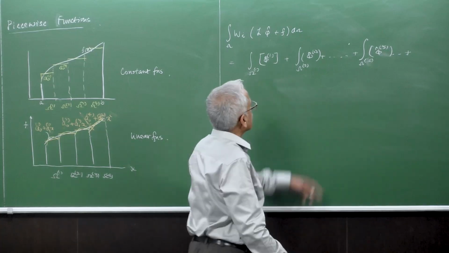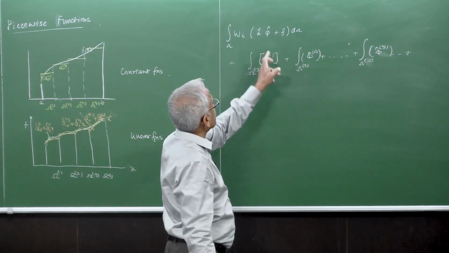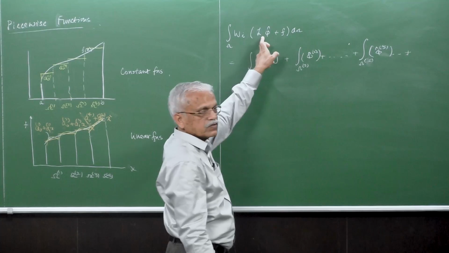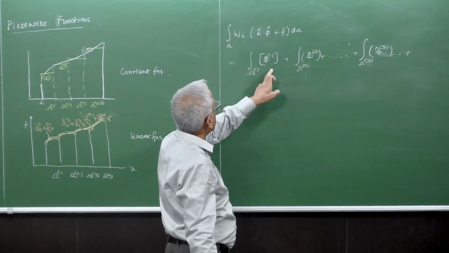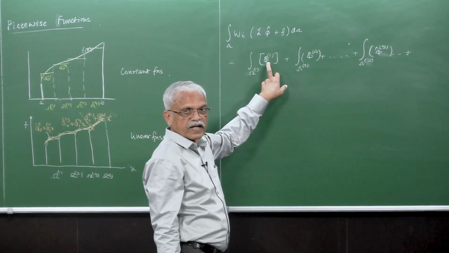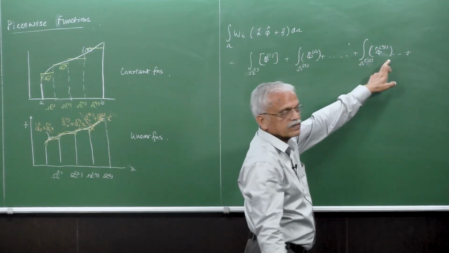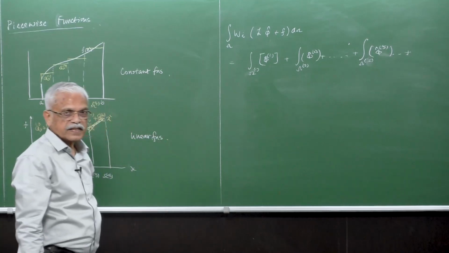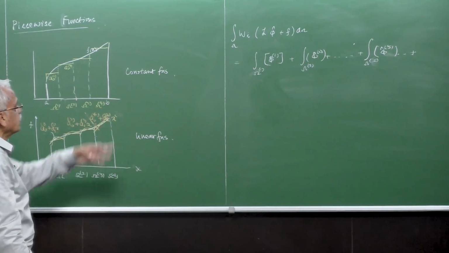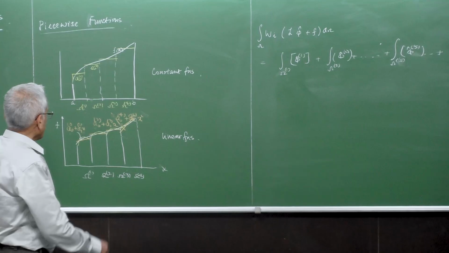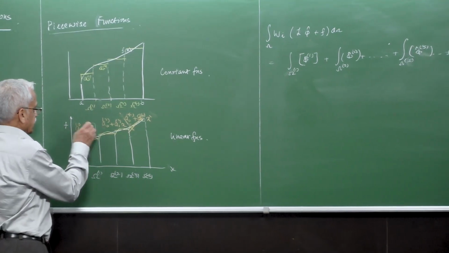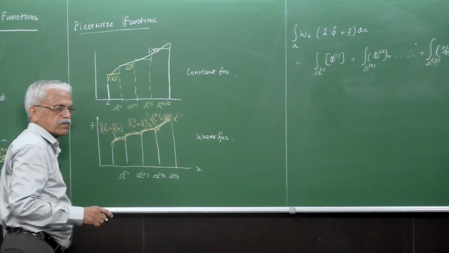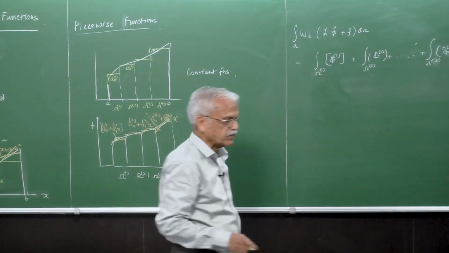You understand here? I didn't put the L here. That means the phi hat that you have to use in this integral has to belong to phi hat 1, phi hat 2 and so on. If you want to use phi hat 1, the expression is a01 plus a11 times x.